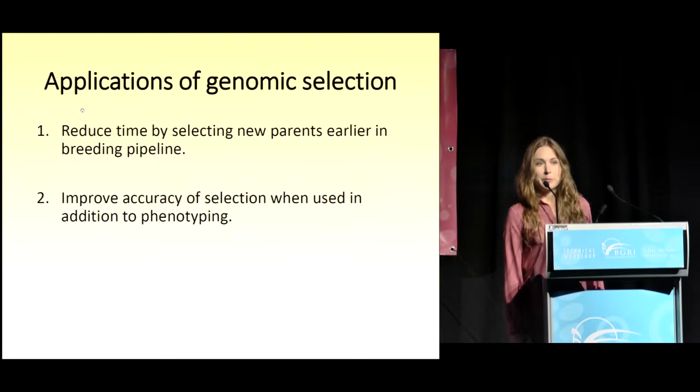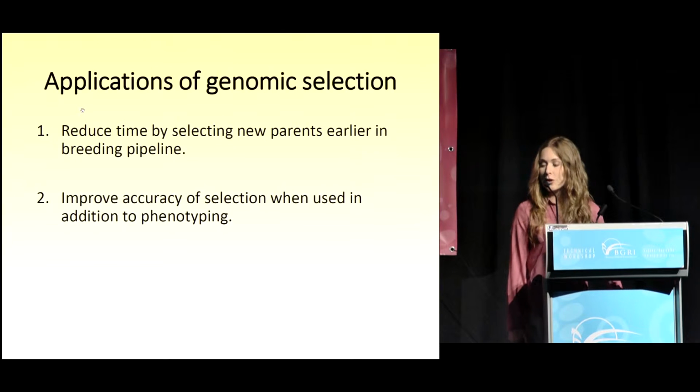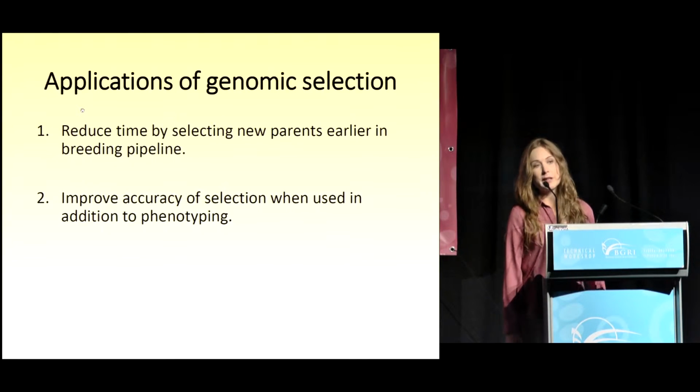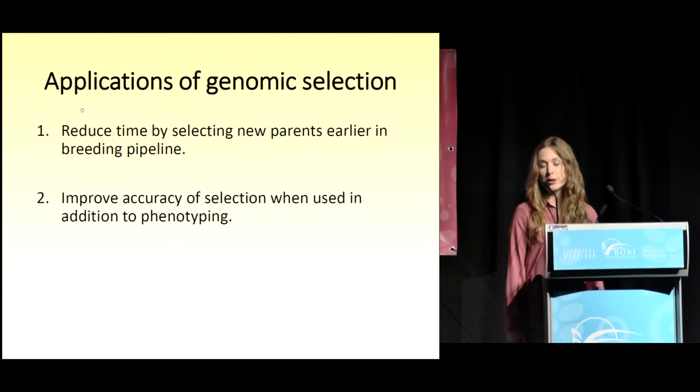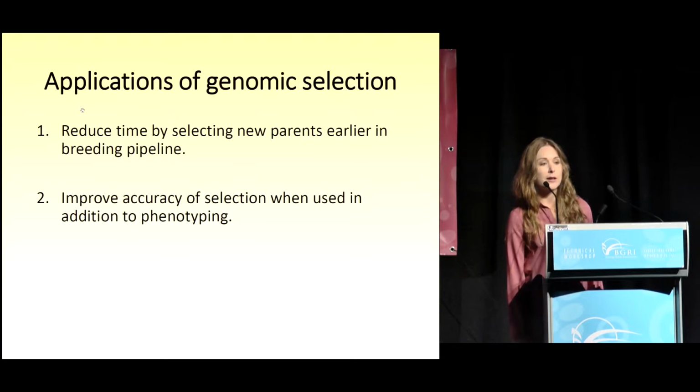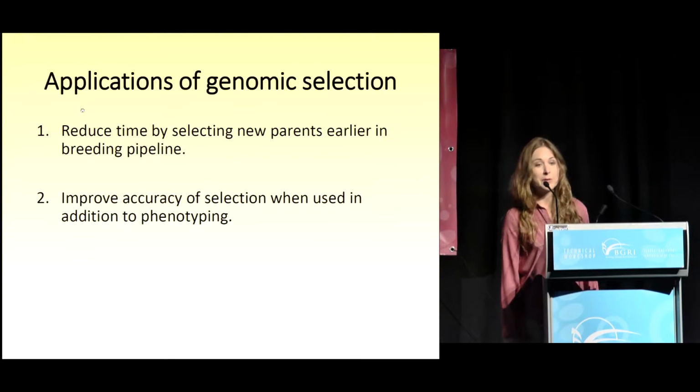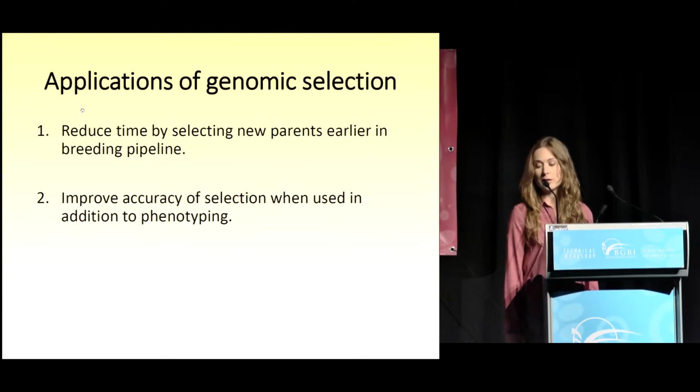So what are the key applications of GS and what are the advantages? One is we can reduce the time required in the breeding cycle by being able to select new parents earlier. So instead of waiting until we do advanced testing, we can select parents a little bit before.